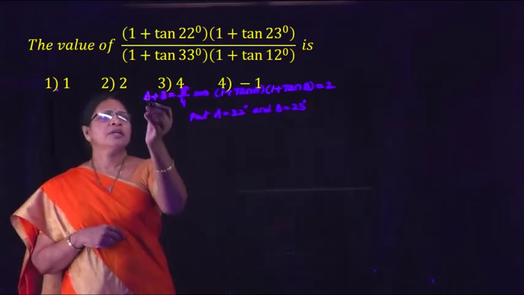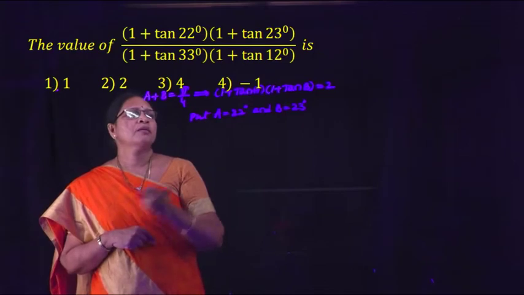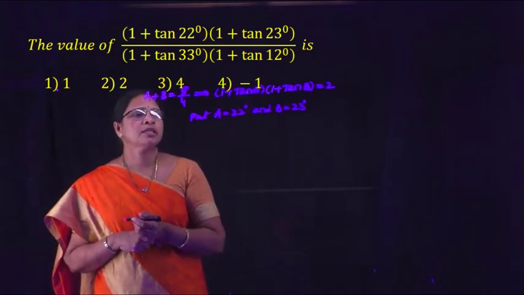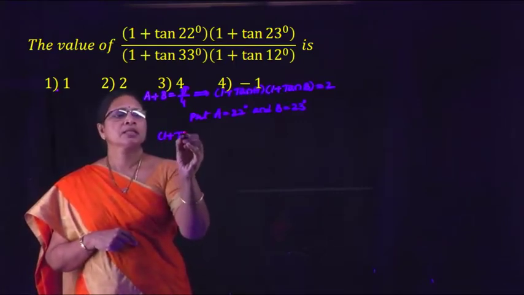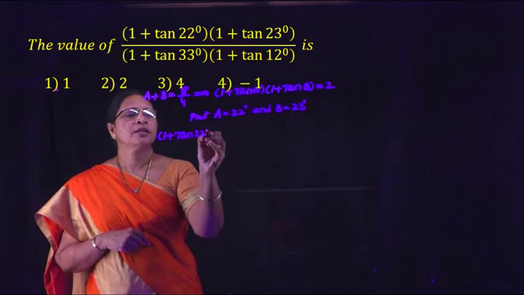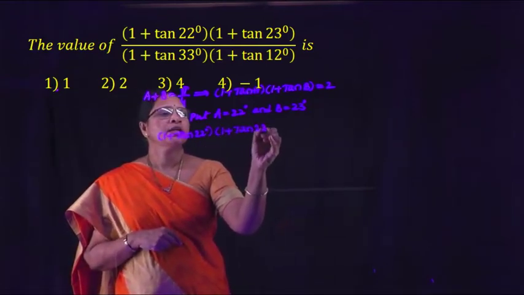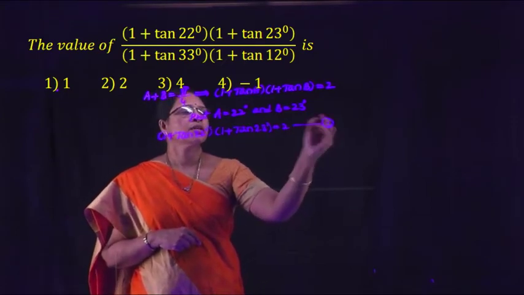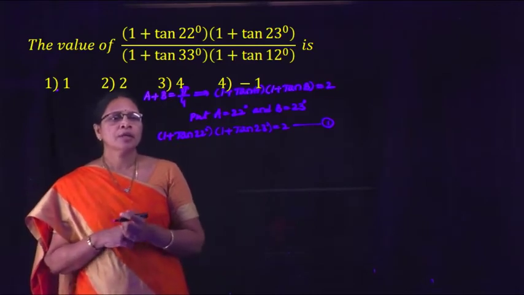Here 22 degree plus 23 degree is equal to 45. Then (1 plus tan 22)(1 plus tan 23) is equal to 2. Treat it as equation 1. Now we have to find the denominator part.